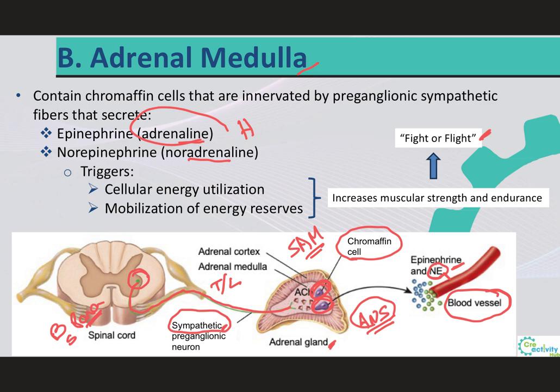In addition, you have 3 times more epinephrine being released than norepinephrine. And this is why after you have a fight or flight response, it takes your body a while to return to its normal state, because of the long-lasting effects of the hormones that are being released into the blood vessels instead of at the synaptic sites.